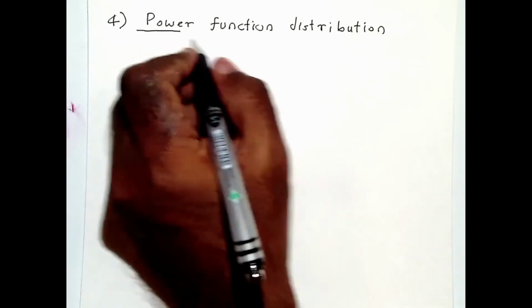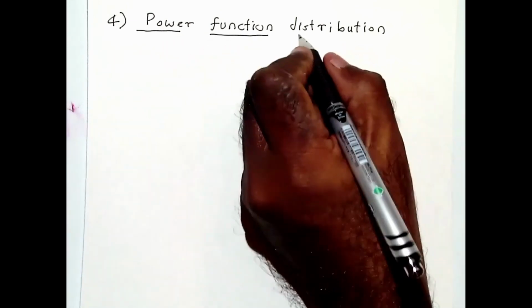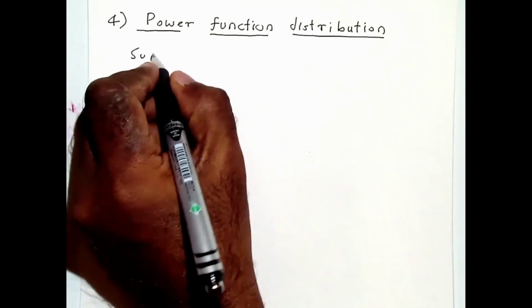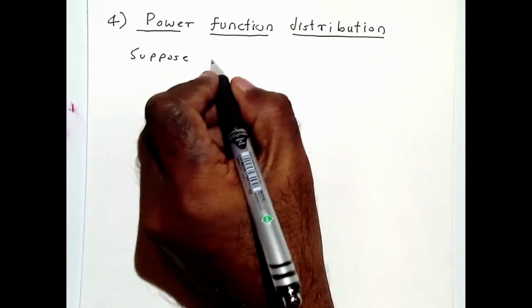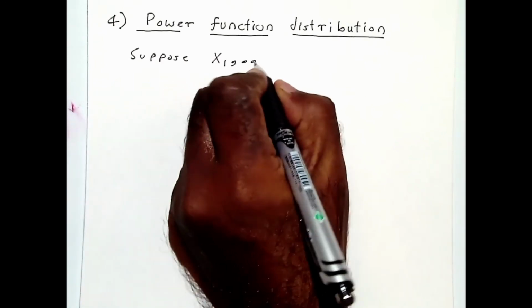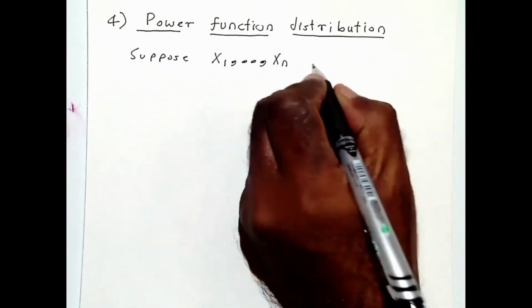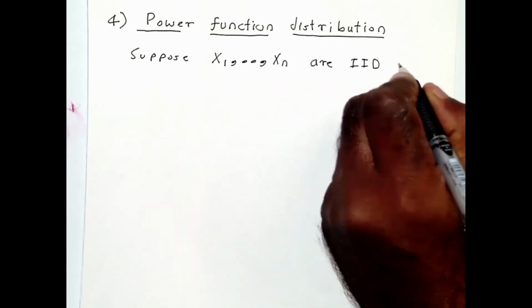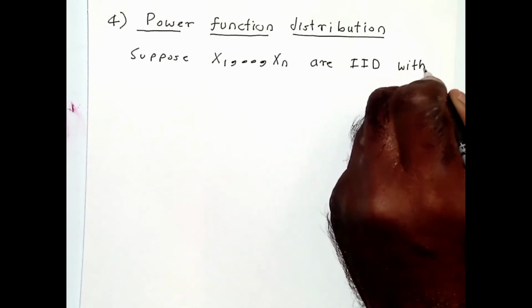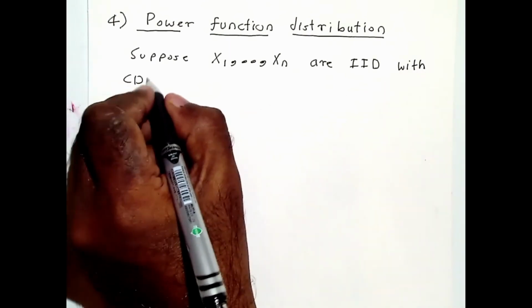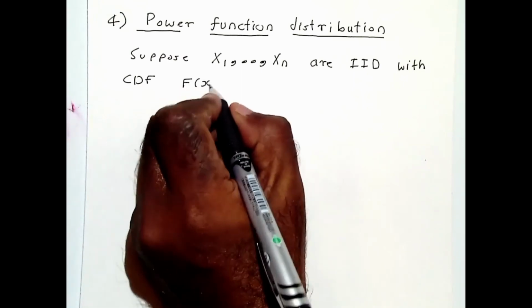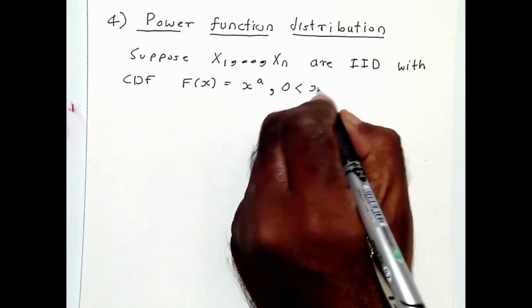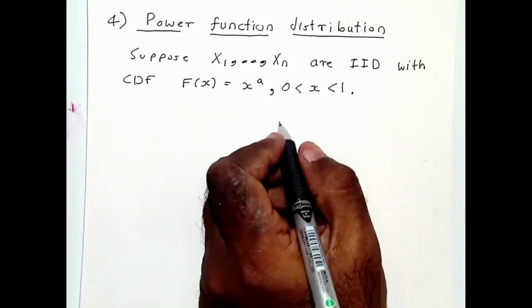So I'm going to suppose that the losses x1 to xn are IID with CDF equal to this, where x is between 0 and 1.